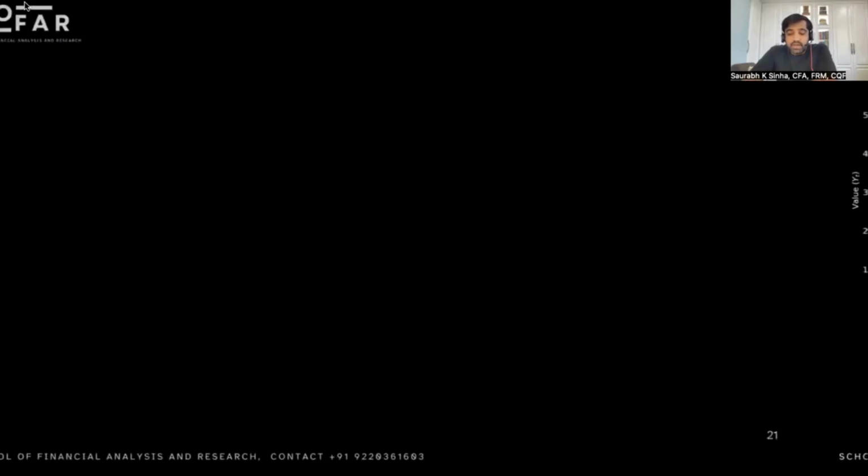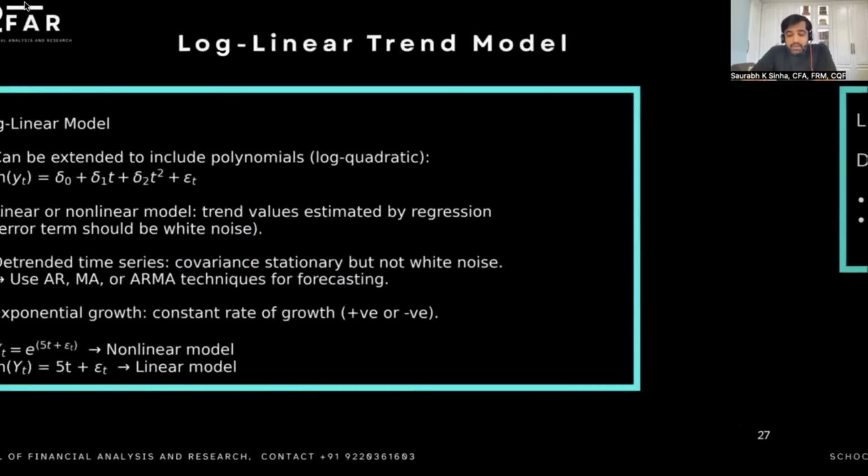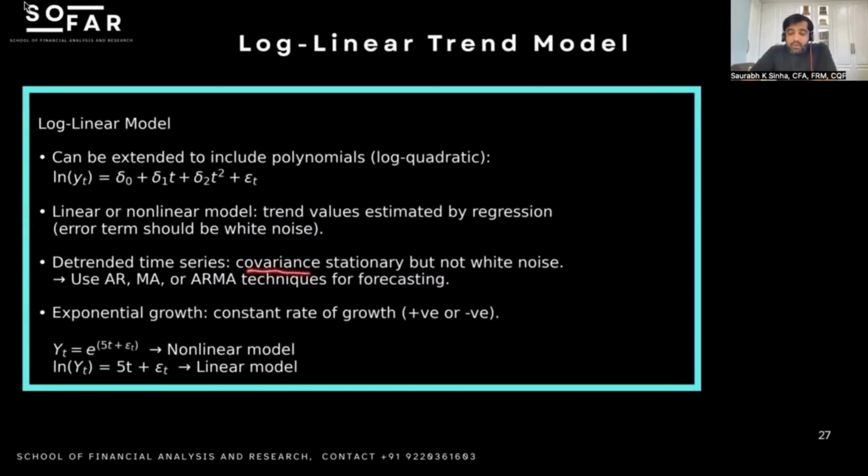And that is what is written here as a one liner in your curriculum, that if your y is covariance stationary, but the error term is not white noise, use ARMA model. Okay, and what does it represent? It represents a constant rate of growth. It could be positive, it could be negative. Okay, I'll pause here. Any doubt in log linear trend model or linear trend model?